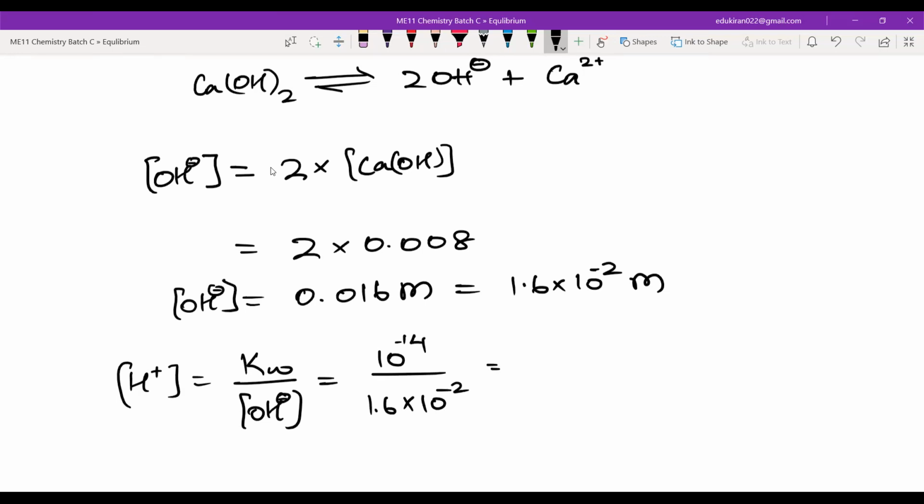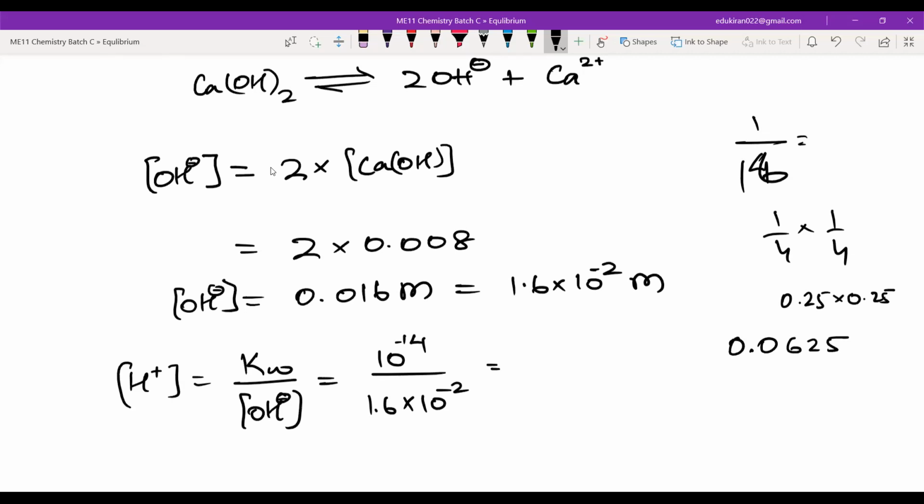So this will be equal to 1 by 16, no? 1 by 16. So this is equal to 1 by 4 into 1 by 4, which is 0.25 into 0.25. So this will be equal to how much? Tell me. 25 into 25 is 625, so 0.0625. Yes or no? Yes, sir.